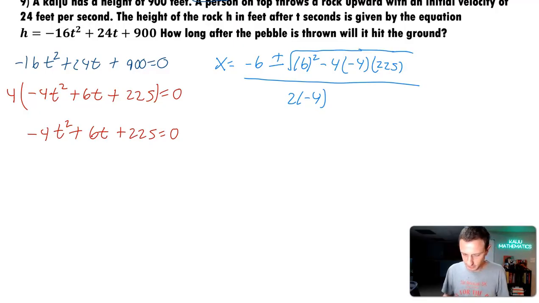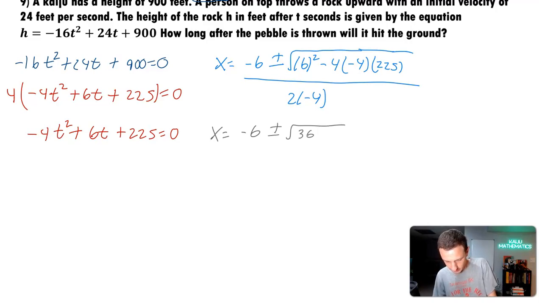Let's do the inside. 6 squared is going to be 36, so 36 minus 4 times negative 4 times 225. So I get x equals negative 6 plus and minus square root of 3636. Wouldn't be the worst idea to just double check what you entered in your calculator. All over 2 times negative 4 is negative 8.